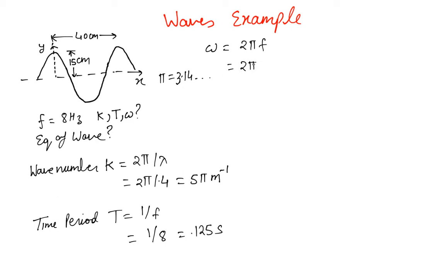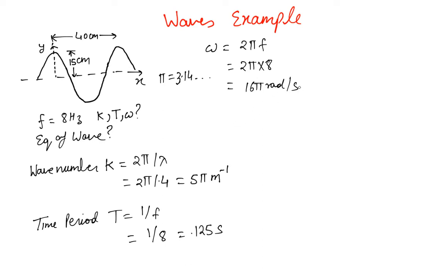Most of the time you can do that, unless the problem requires you to find the exact answer in terms of numbers. What is frequency? Well, frequency is 8, and that gives us 16 pi radians per second.